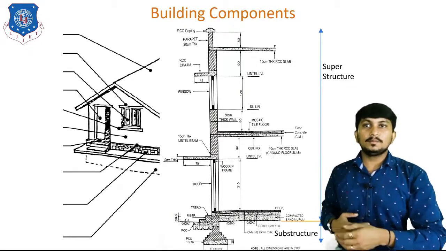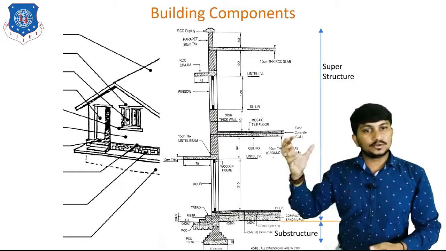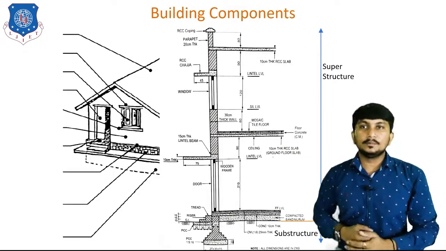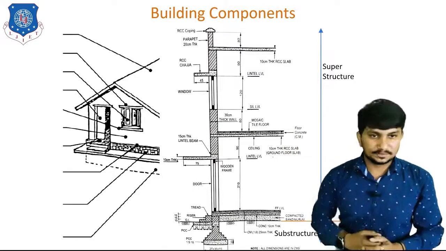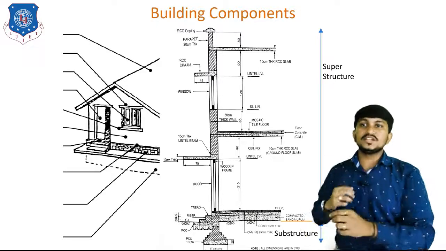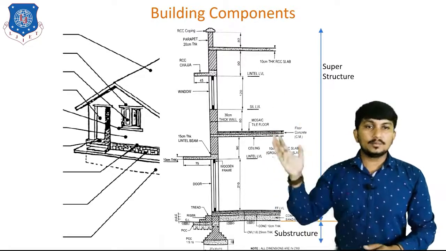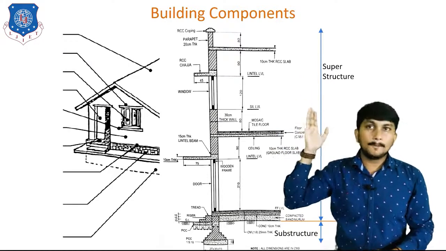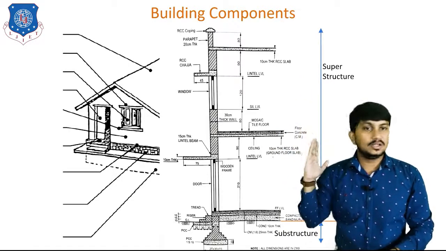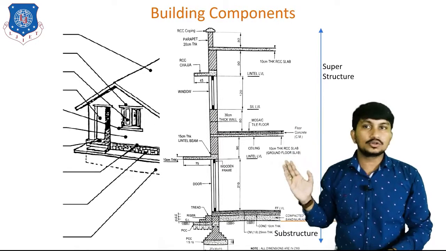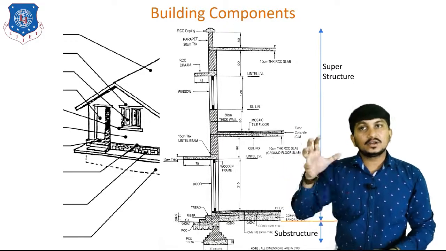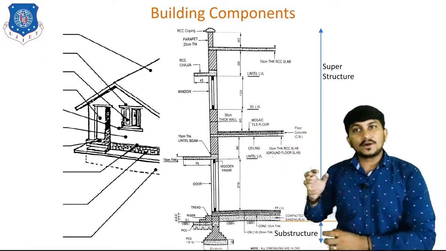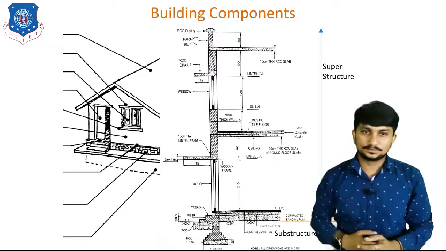Above ground level, the components are superstructure components, and below ground level, the components are called substructure components. In substructure, only foundation is there, while in superstructure, there are a number of components, like from the top you can see roof, parapet, lintel, sill, window, door, etc. These are the components of superstructure, while foundation is the component of substructure.